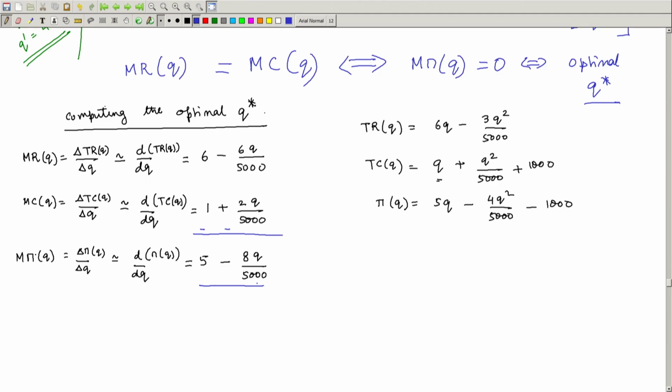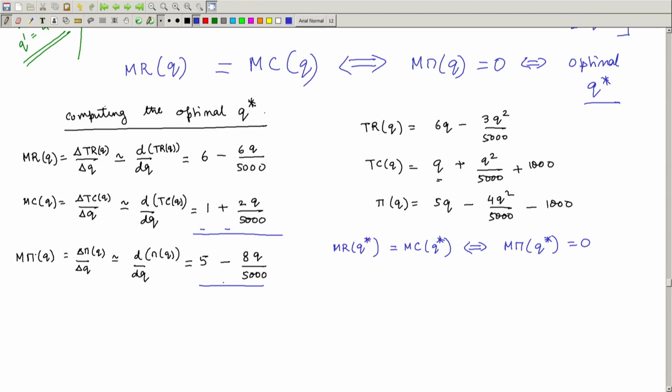So the optimal q star will satisfy marginal revenue at q star equal to marginal cost at q star, which is the same as saying that the marginal profit at q star will be equal to 0. So if I set the marginal revenue equal to marginal cost, that is the same as saying that the marginal profit is equal to 0.